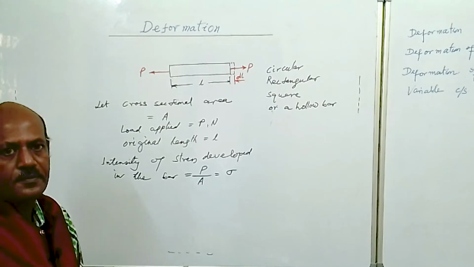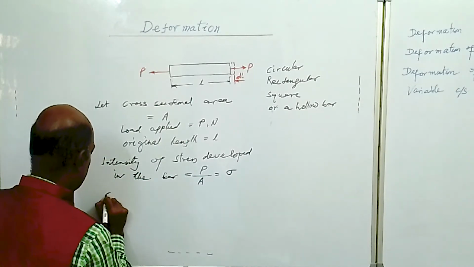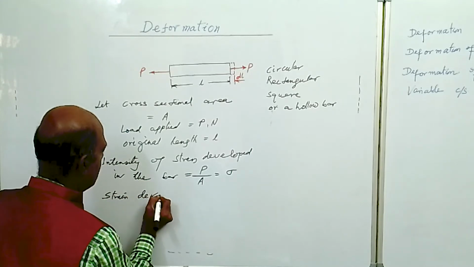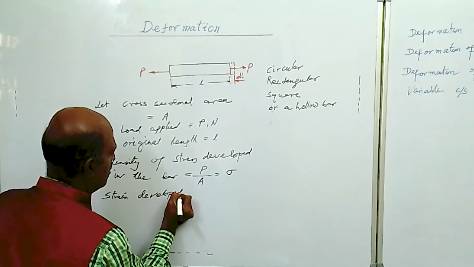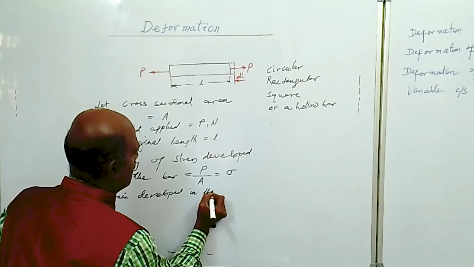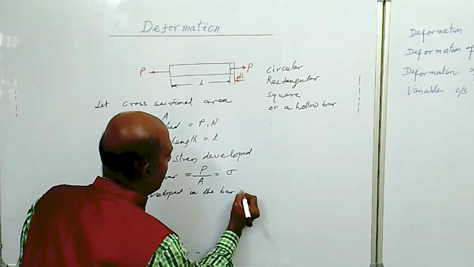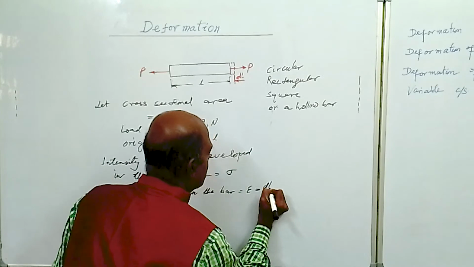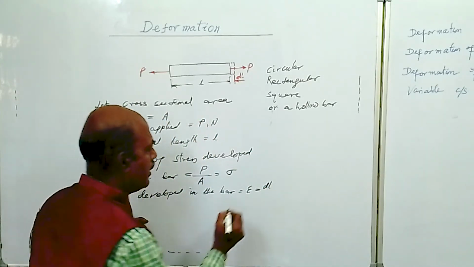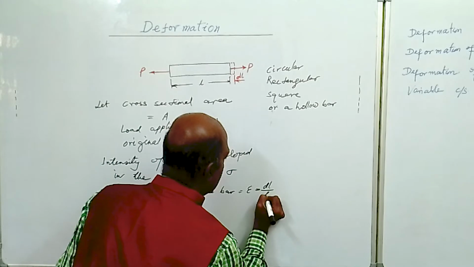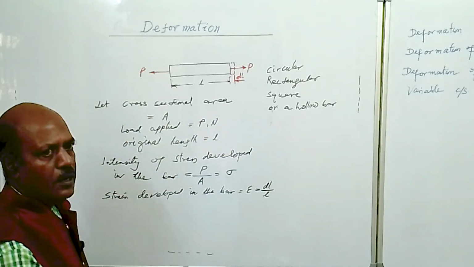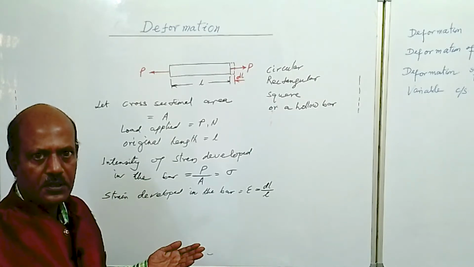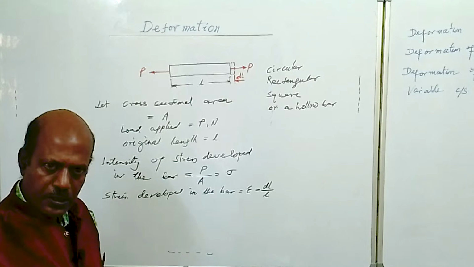Now we will see the strain developed in the bar. Strain developed in the bar, it is given by epsilon is equal to the extension produced in the bar under tensile load divided by the original length, dl by L. Now we know from Hooke's law that within elastic limit stress is directly proportional to strain.